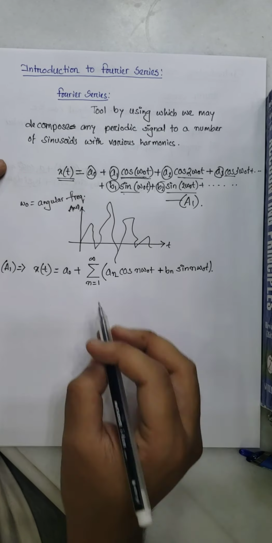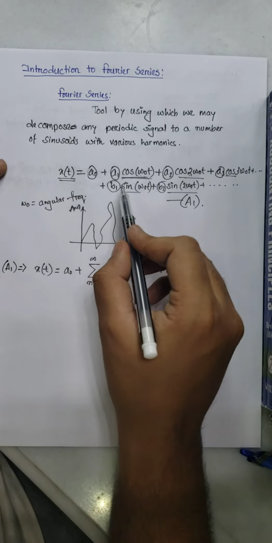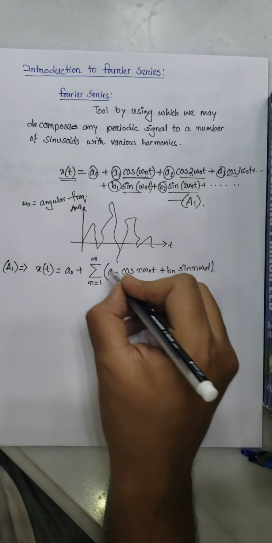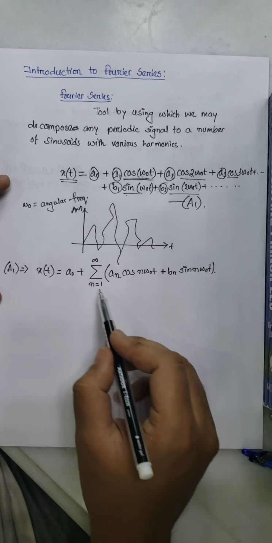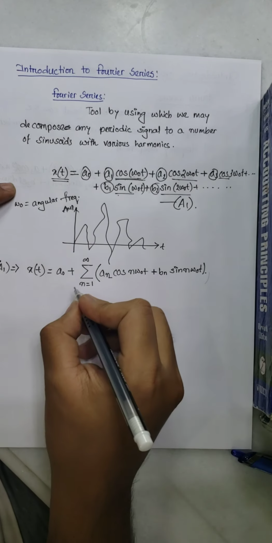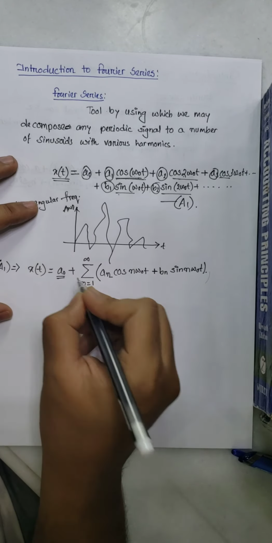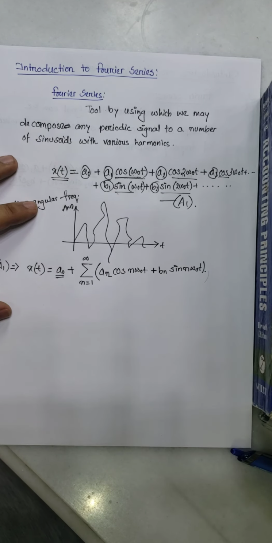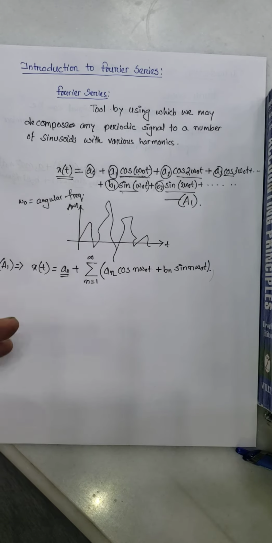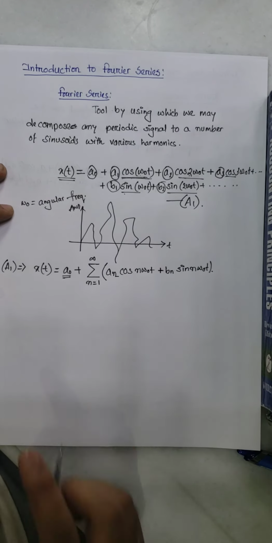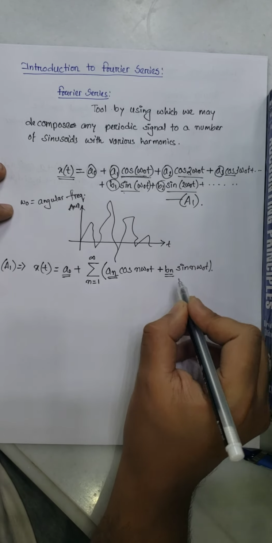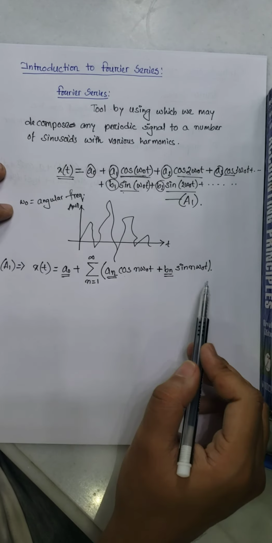It means that this crazy equation can be complicated to write, and so we may simplify it as like this one. Now here, you can see that a0 is devoid of any sine and cosine function, and it is called the DC weight of the Fourier series, and this does not depend on any sine or cosine functions, whereas an and bn will always depend on the nature of the sine and cosine functions.